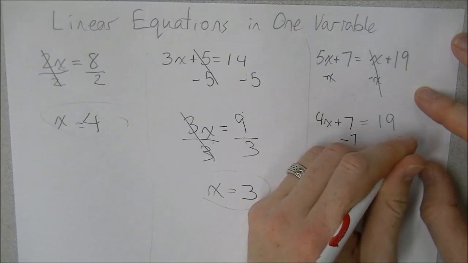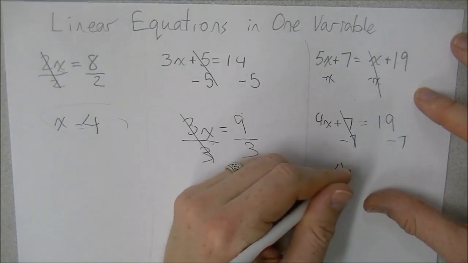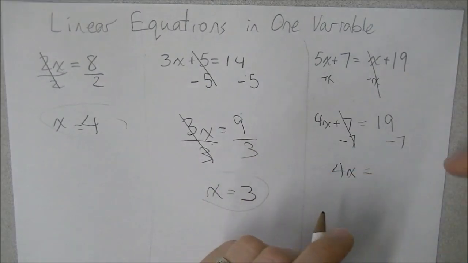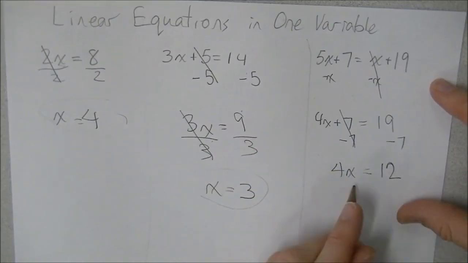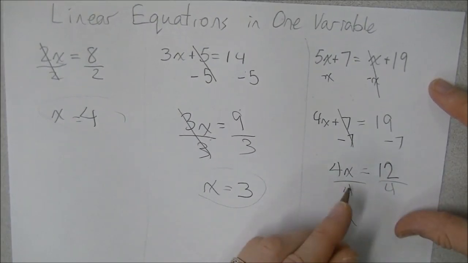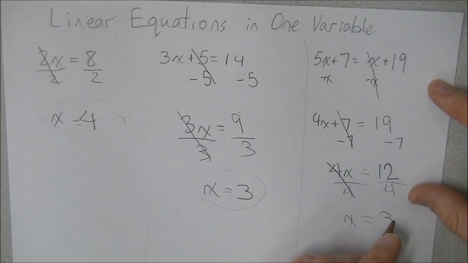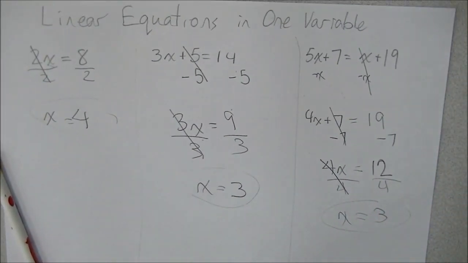Subtract 7 from both sides, so this cancels, and now I've got 4x is equal to 19 minus 7, which is 12. Now divide both sides by 4. That gives me x on this side, and that gives me 3 on this side. Did I get it right? I sure hope so. If not, send me an email.